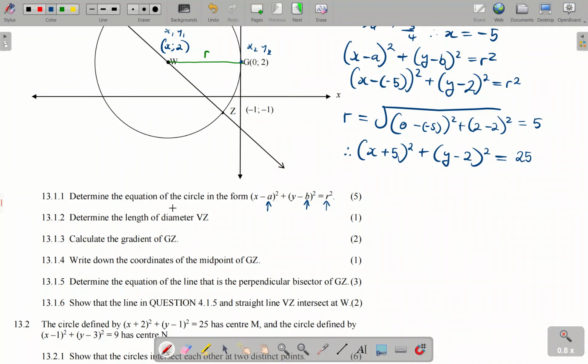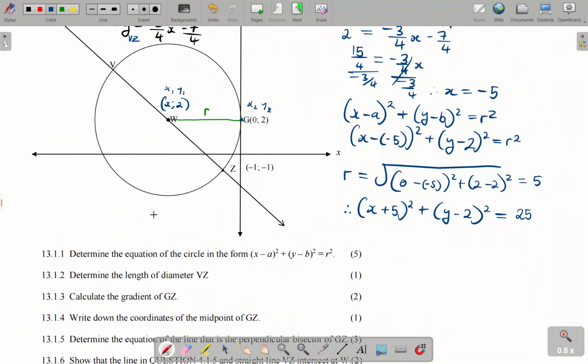Now this is to determine the length of VZ. Where's VZ? VZ is simple, guys. Remember, from W, which is the center, to V, at the circumference. So V is at the circumference of the circle, so that's the radius, which will also be 5. But they need the length, or the diameter, VZ.